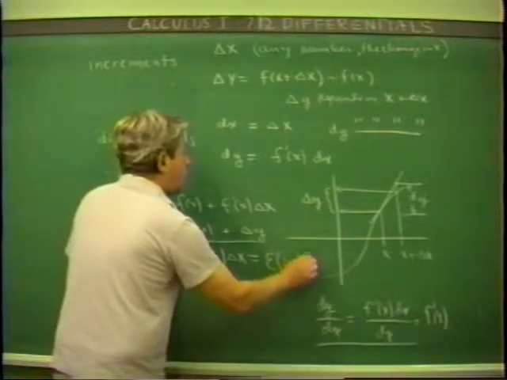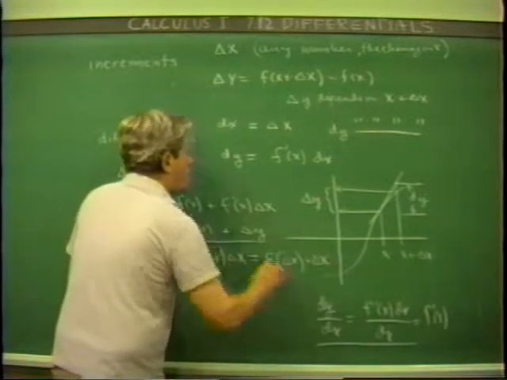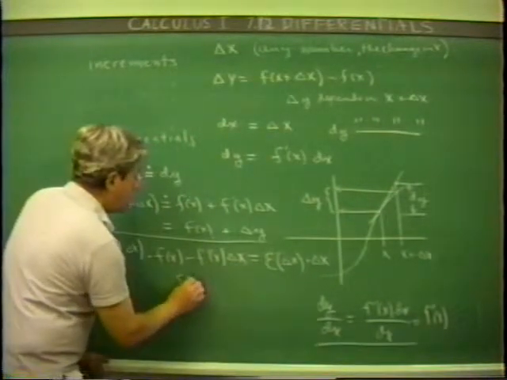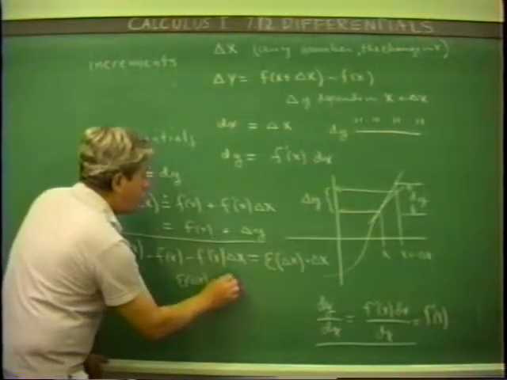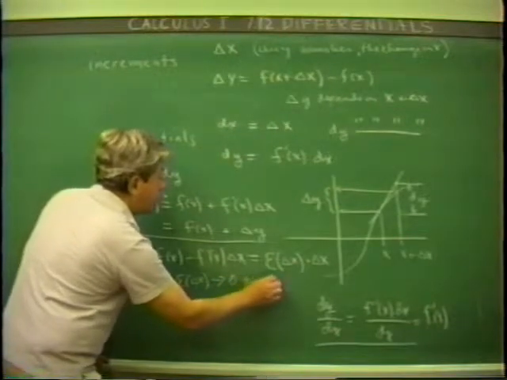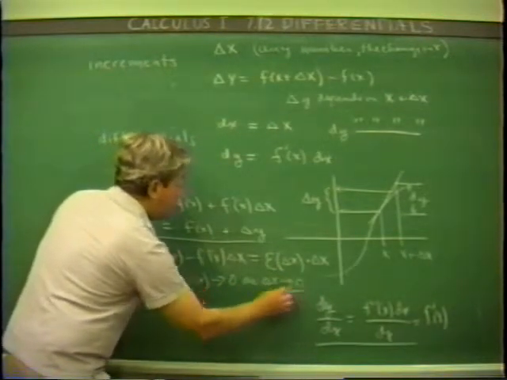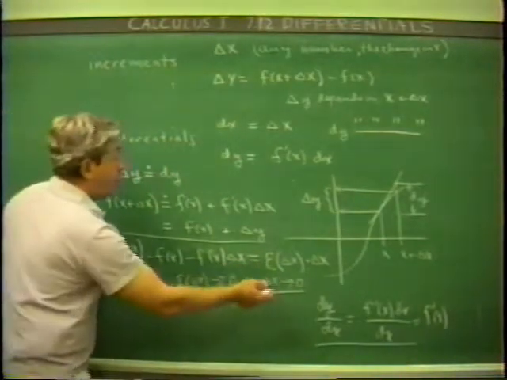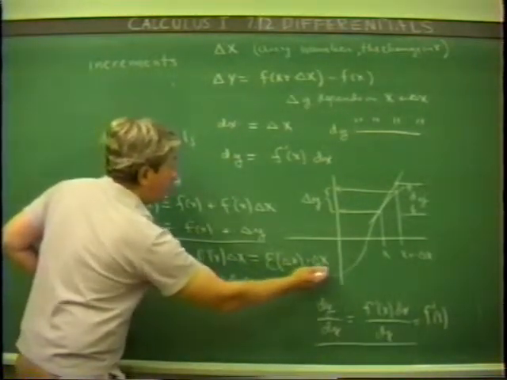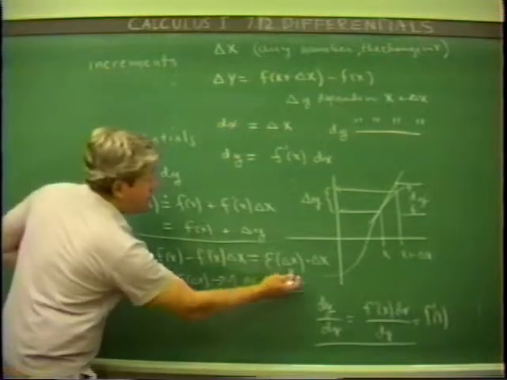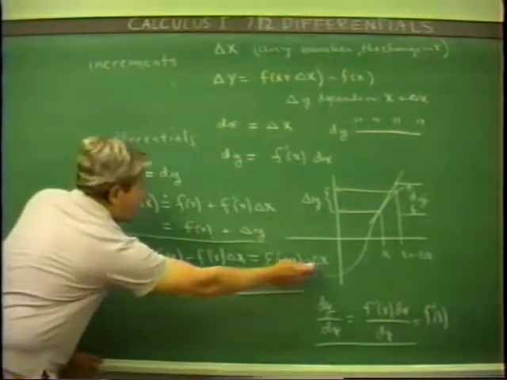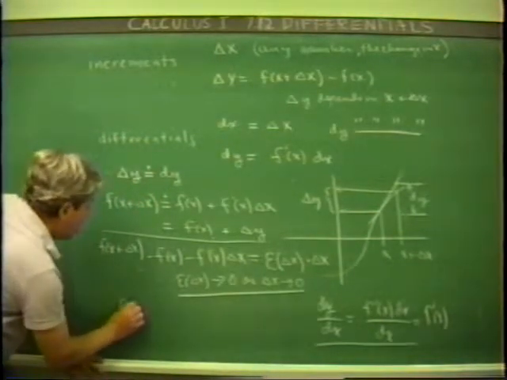This is equal to epsilon, a function of delta x, times delta x, where epsilon of delta x approaches 0 as delta x approaches 0. So not only does this approximation get very good, but even if you divide it by delta x, you still have something that approaches 0.